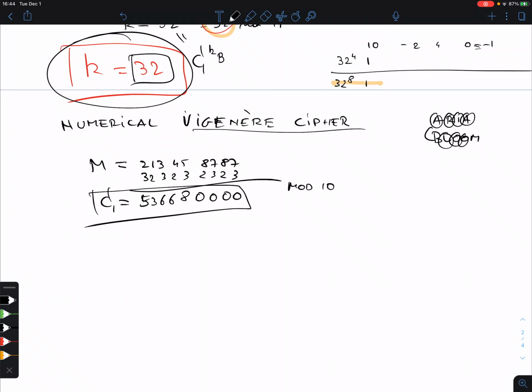And how would you decode it? Instead of adding 32, to decode it, you do 3, 2, 3, 2, 3, 2, 3, 2, and now you subtract. Subtracting, right? Again, modulo 10. So that is 2, 1, 3, 4, 5, 0 minus 2, that is 8, 0 or 10 minus 3 is 7, 8, 7.